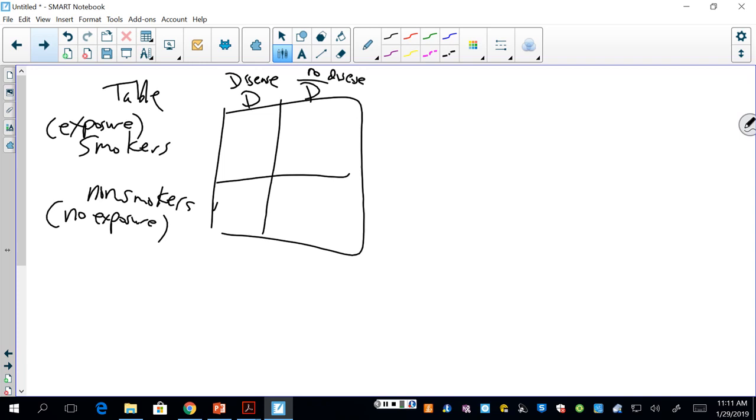Might be emphysema, lung cancer, or something like that. And say you had 100 individuals of each. Maybe 20 out of the 100 of that group would have the disease or the infection. But if it's really tied to the smoking, it could be really rare in the general population.